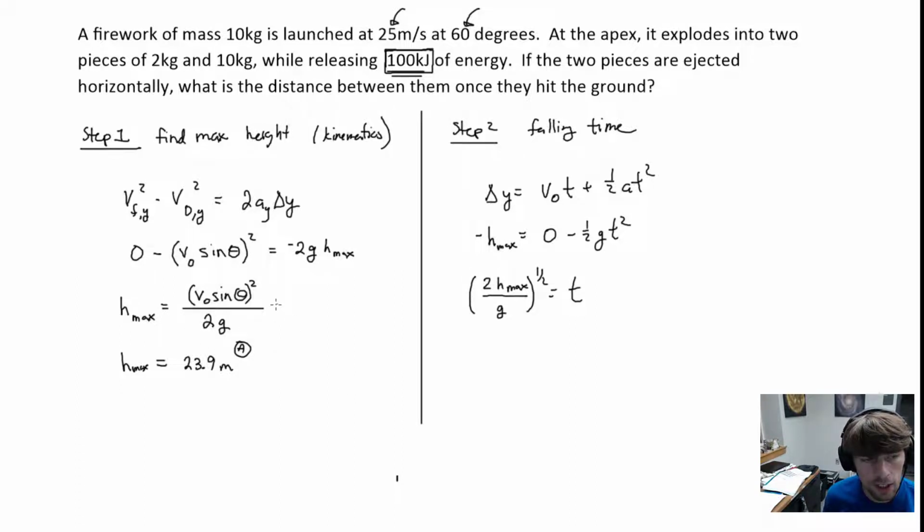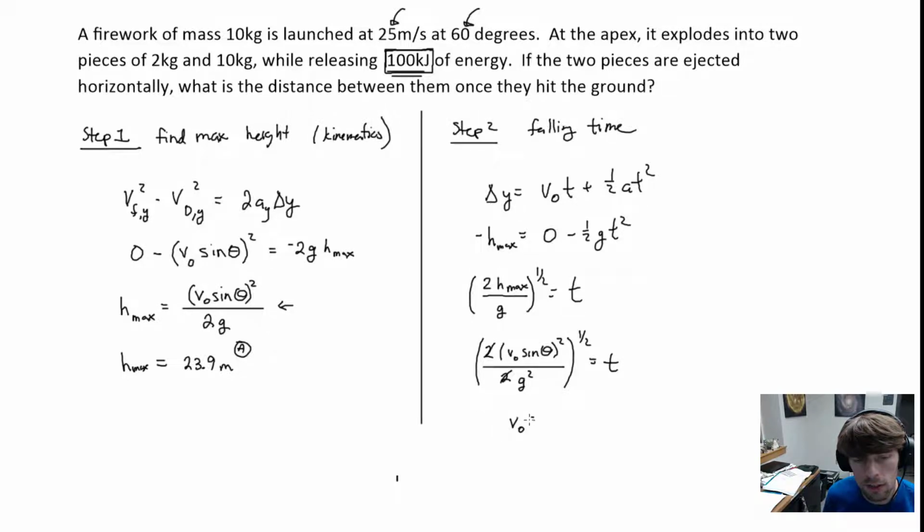Now, you see I have this expression for h max, so I could rewrite this. Oh, that's interesting. Isn't that handy? If I substitute that in, V naught sine of theta squared divided by 2g, that whole quantity square rooted, the 2's cancel. And then I have everything squared in a square root.